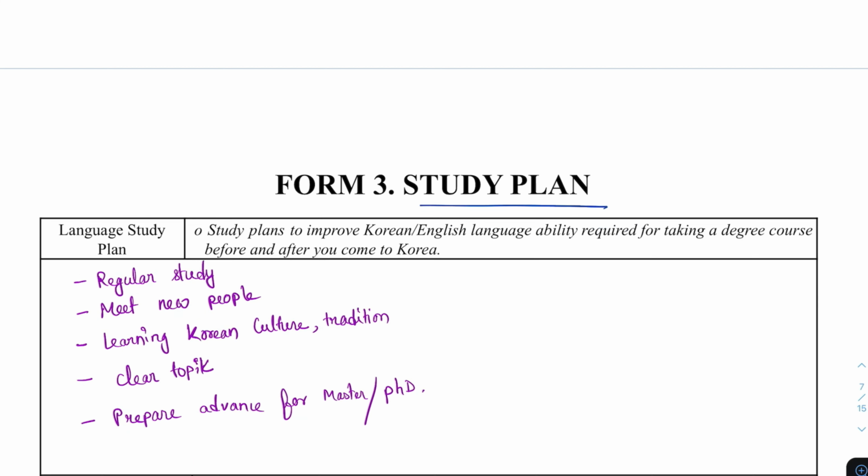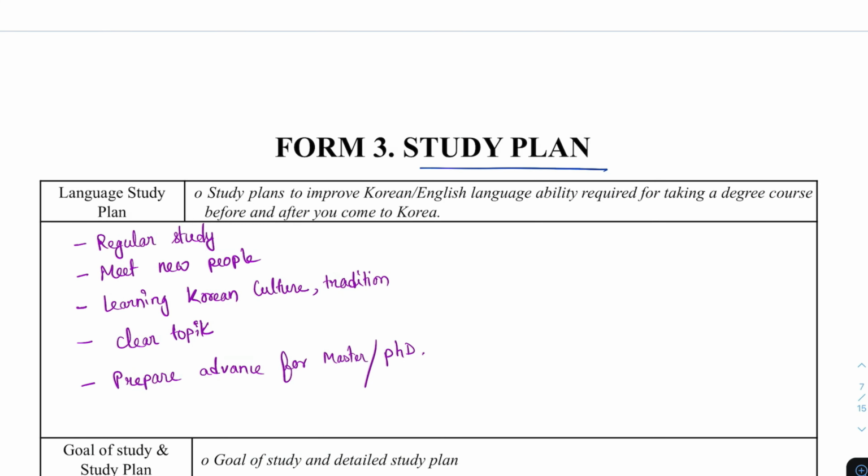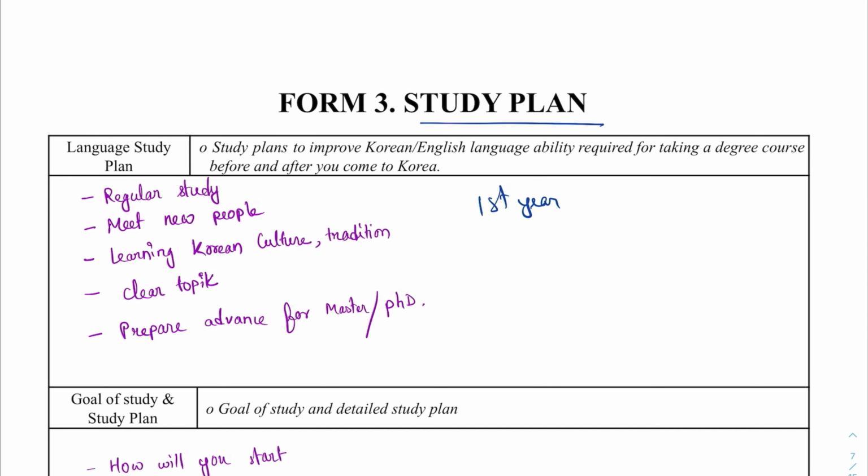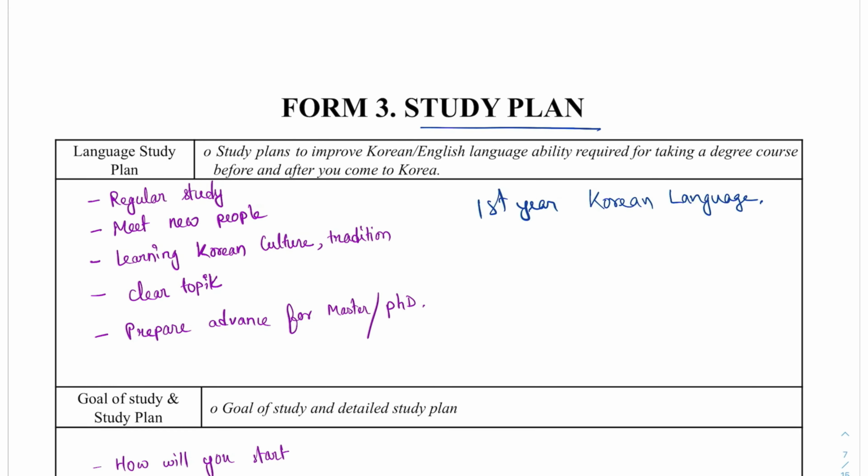Coming to the next part, form number 3, the study plan. It has two parts: number 1 is language, and number 2 is your main degree program. For the language program, you will spend more time in the language school, fully focusing on language training. You have to mention learning the Korean language more and exploring Korean culture.